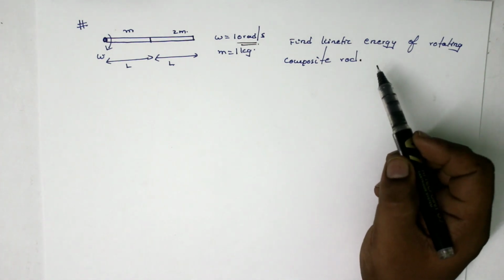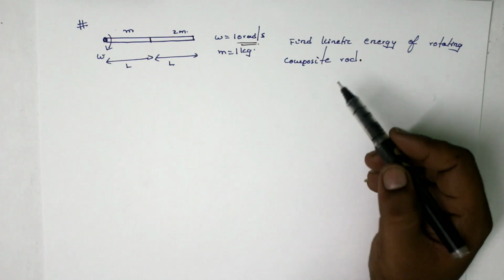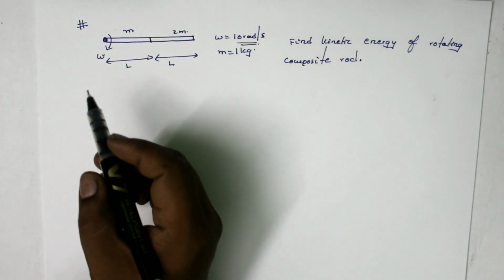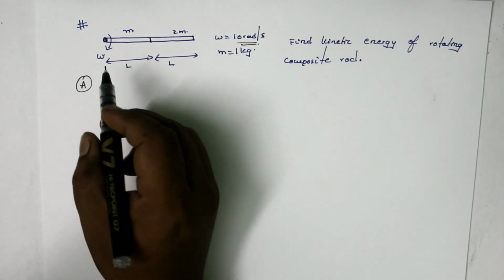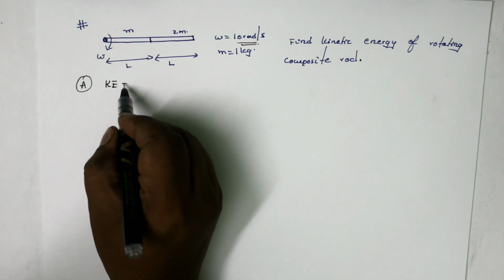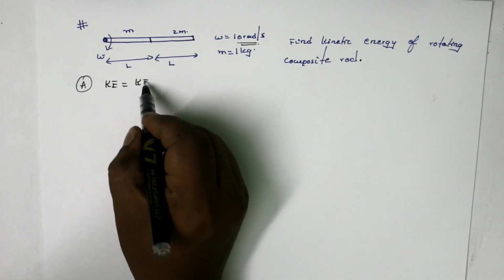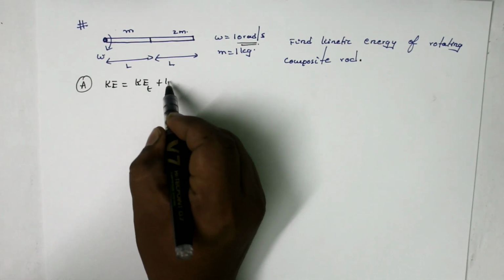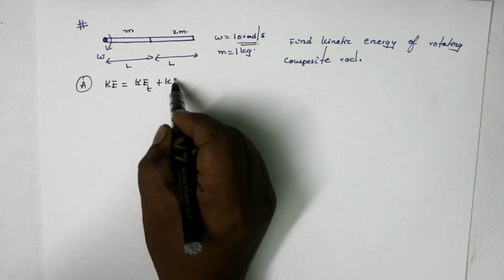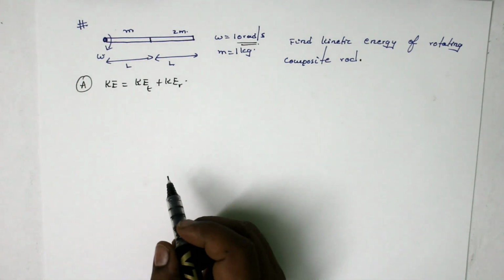Here we are supposed to find the total kinetic energy, which we have already discussed. If it is asking for kinetic energy, it means the sum of translational kinetic energy plus rotational kinetic energy.